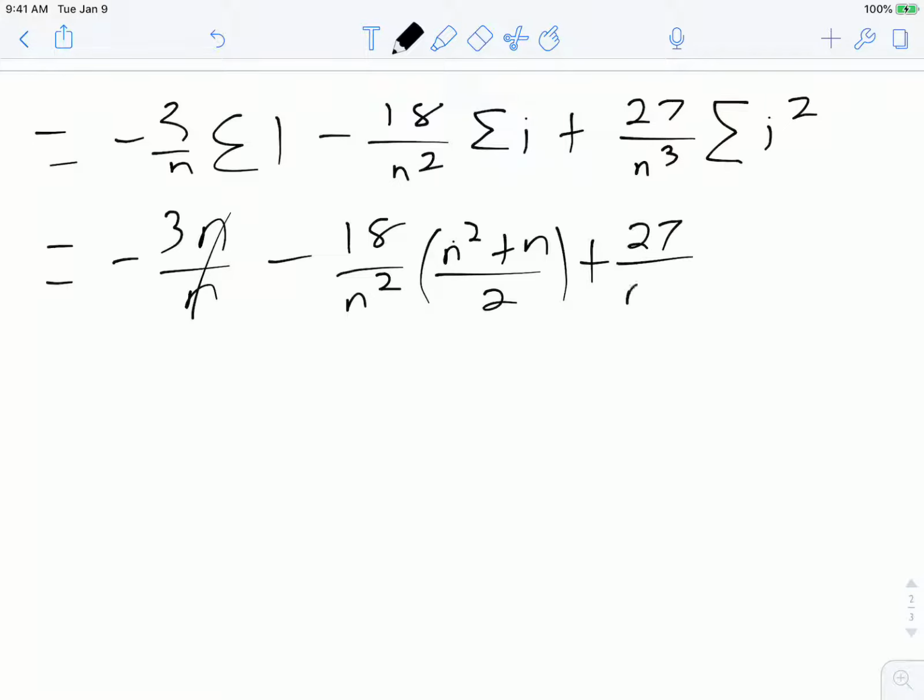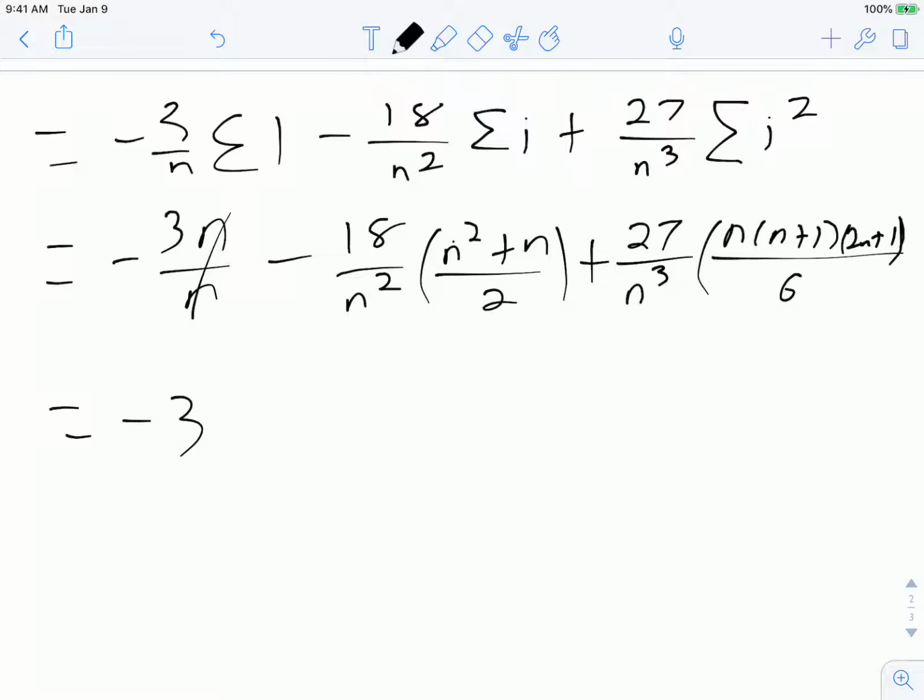And then the sum of i squared is n times n plus 1 times 2n plus 1, all over 6.